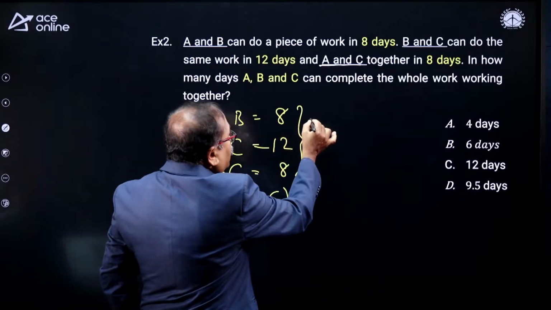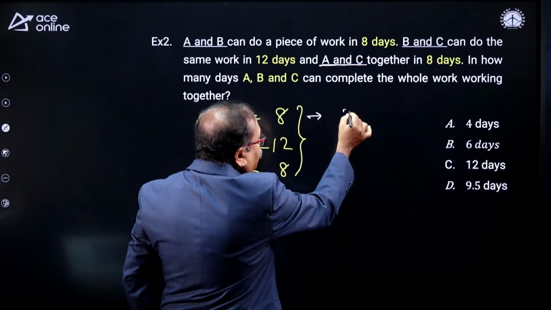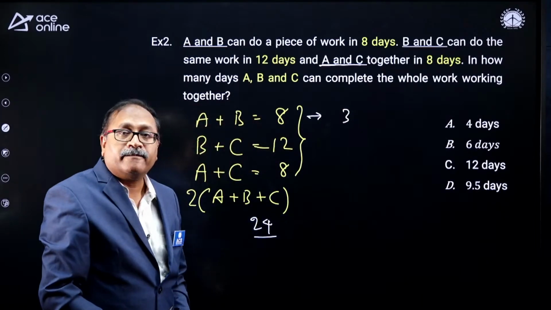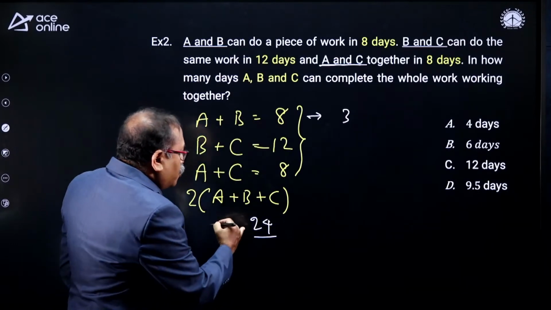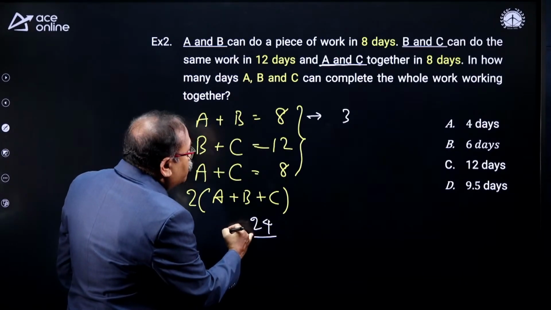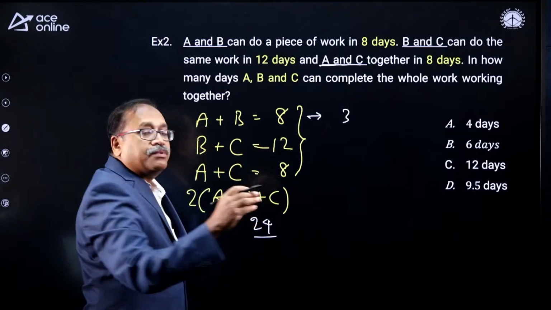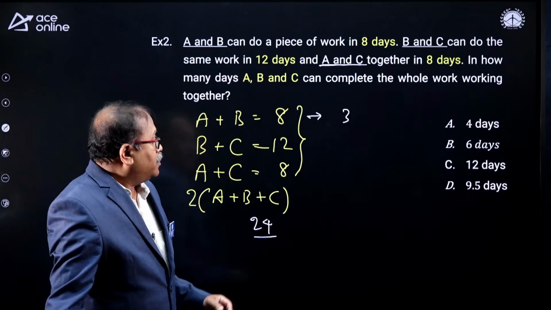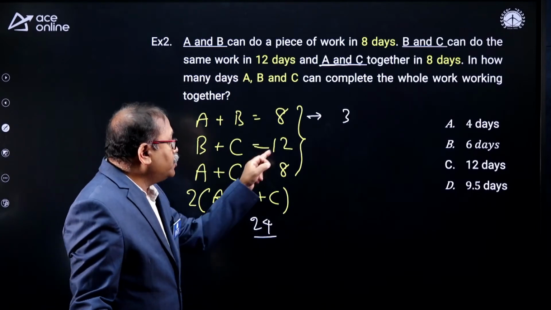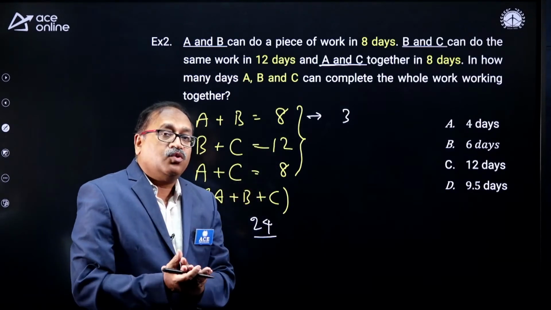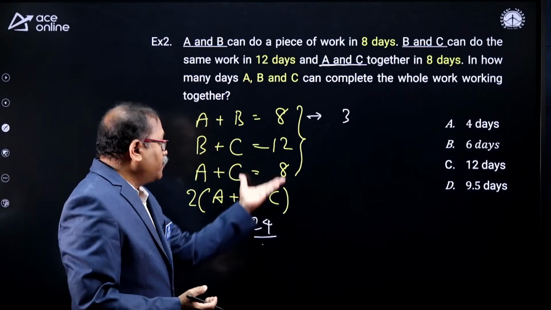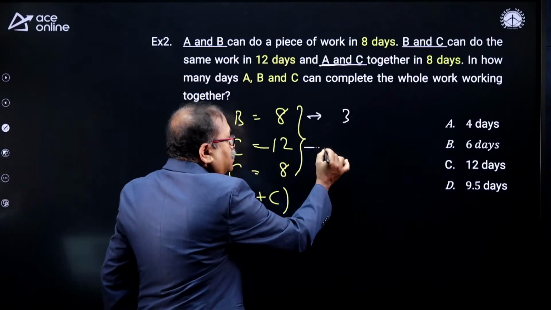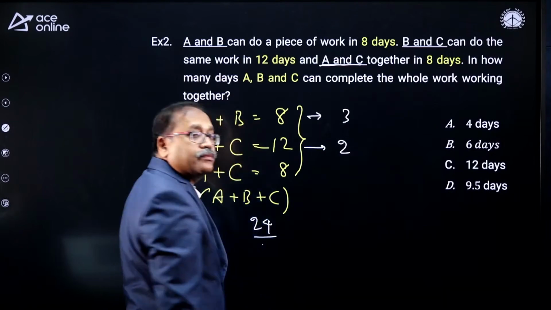So this group, A and B, in 1 day, will complete 3 units. Next, you notice that here, 24 units are there. B and C can complete these 24 units in 12 days. Then, 24 units in 12 days, in 1 day how many units? 24 divided by 12. That is 2 units.